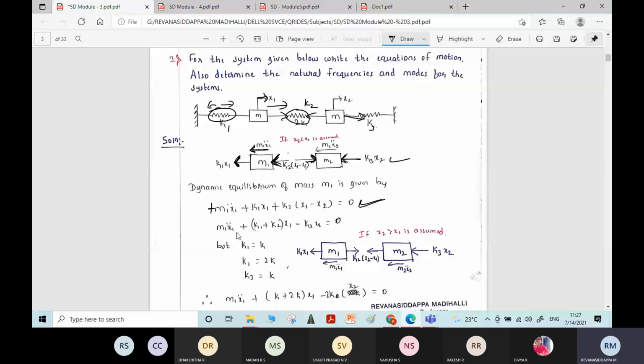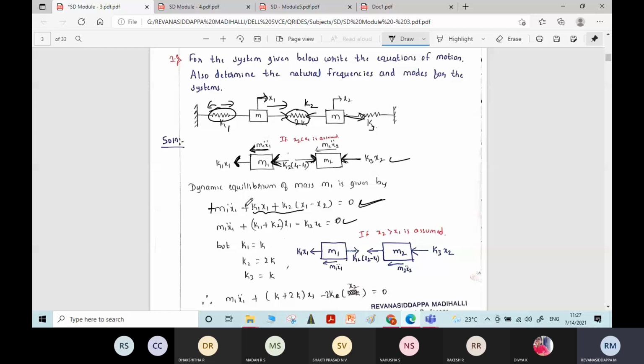In the next step, I have segregated the coefficients of x1 and x2 separately. Here there are two x1 terms, k1 x1 and k2 x1. If you take x1 common in the bracket, you will get k1 plus k2 into x1, minus k2 into x2 equal to 0.